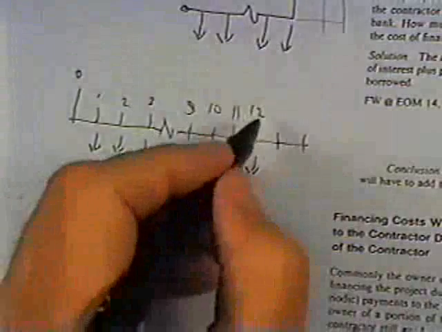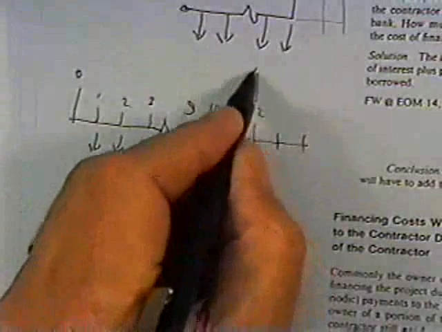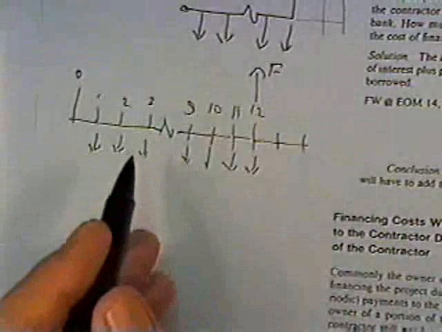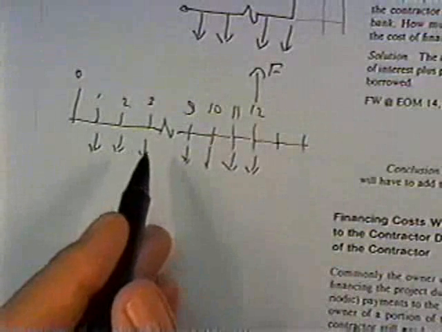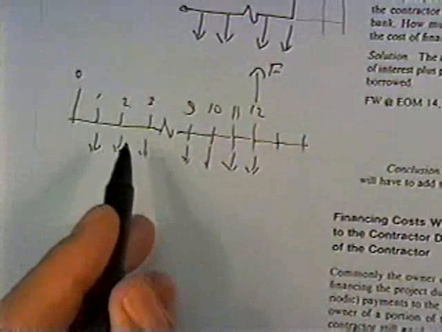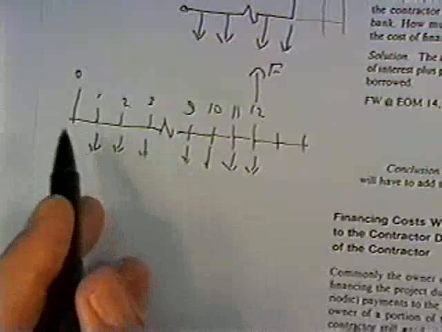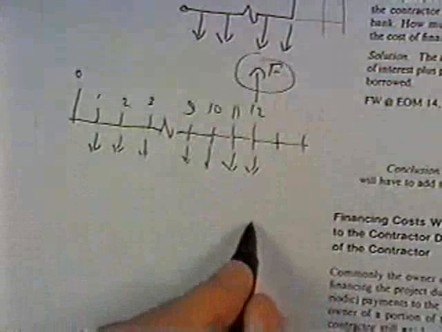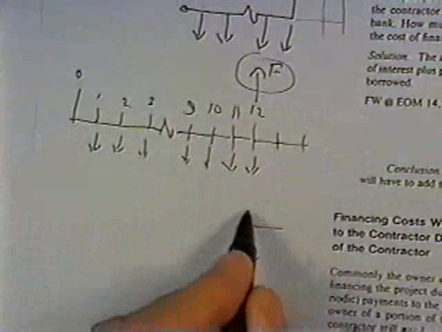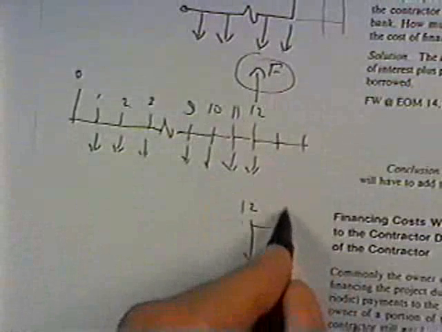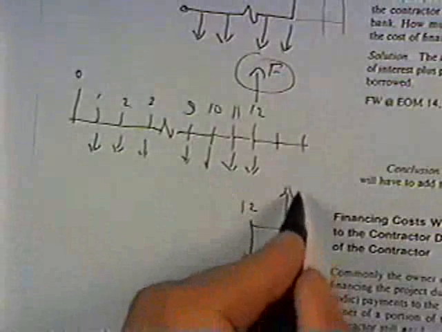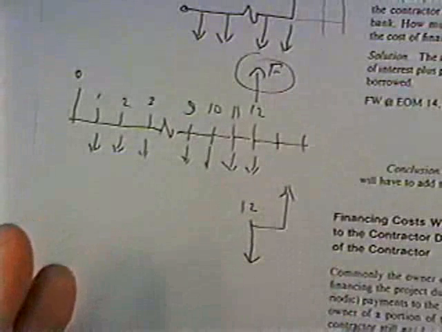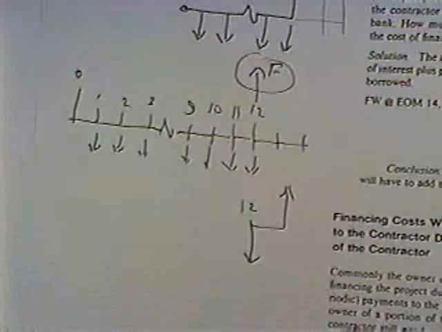Now what we can do is we can use the equation or the table to find the future worth of this at month 12, including the interest. With the interest being i is 1% per month, and we got 12 interest periods, so we can find the future worth. Now we can take that future worth at the 12th month, and we can find its future worth at month 14 using n equals 2 and using a 1% interest rate. So you'd have to do that in 2 steps.